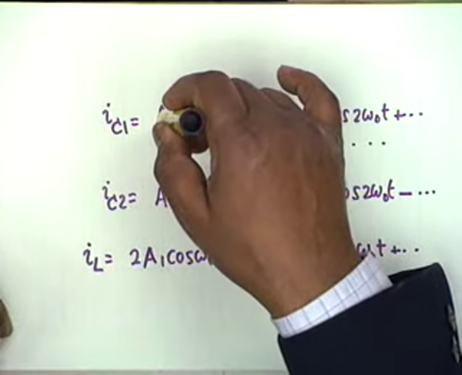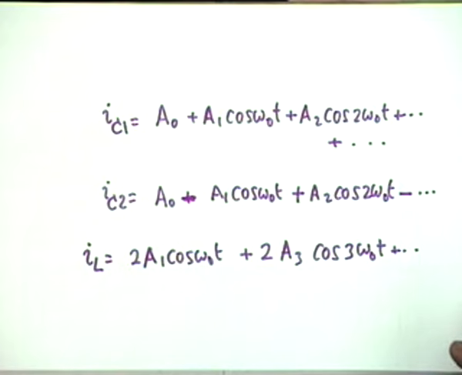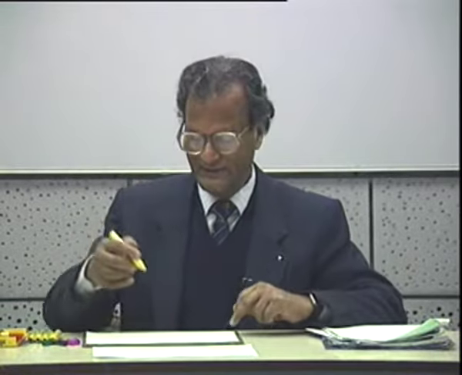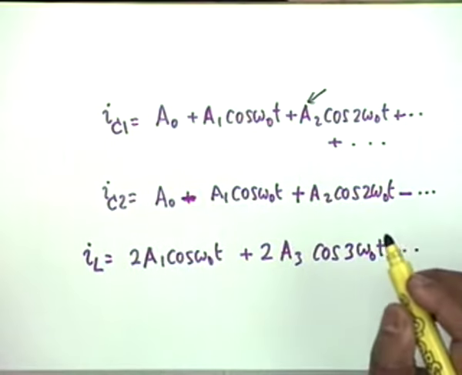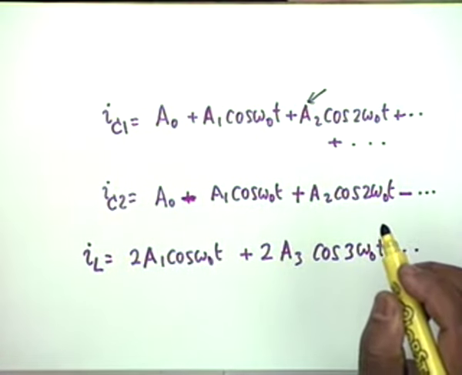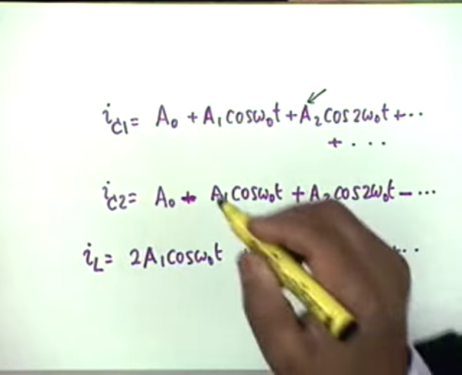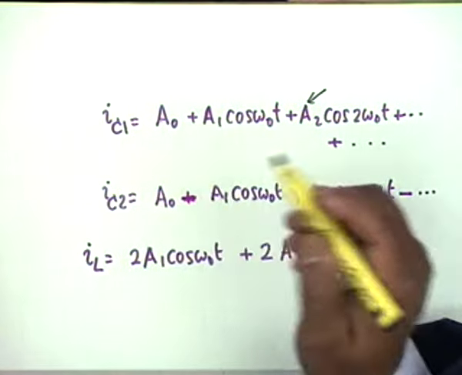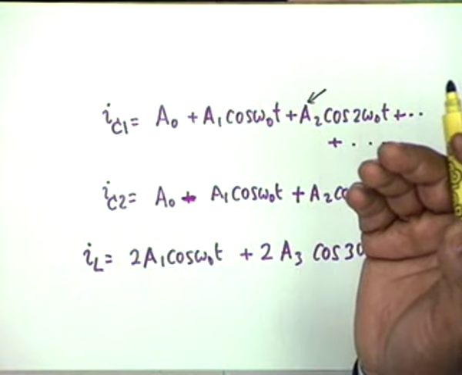As you know from general experience of Fourier series expansion, these amplitudes A0, A1, A2 usually, for a half rectified sine wave, are in decreasing order of magnitude, and therefore the second harmonic is the major cause of distortion in IC1. The major harmonic component in IC1 is the second harmonic, because the amplitudes are in decreasing order, and the second harmonic gets cancelled out.